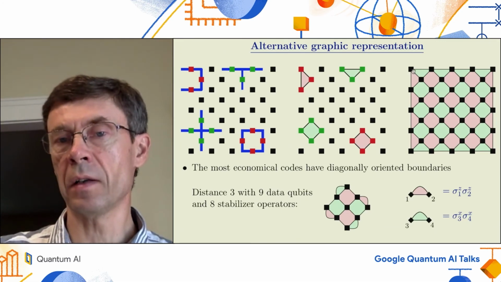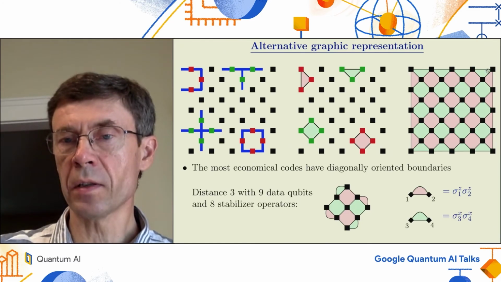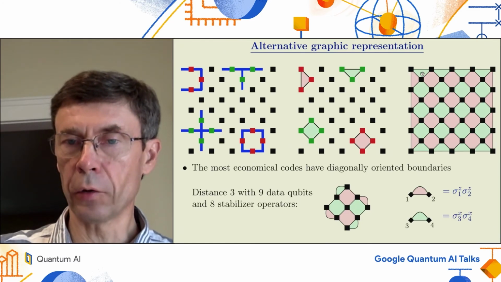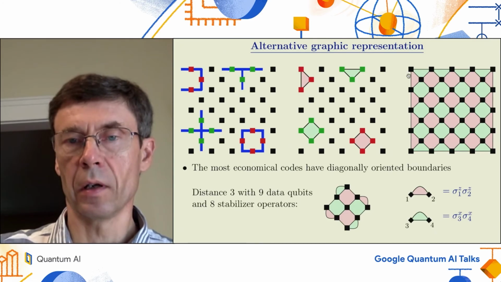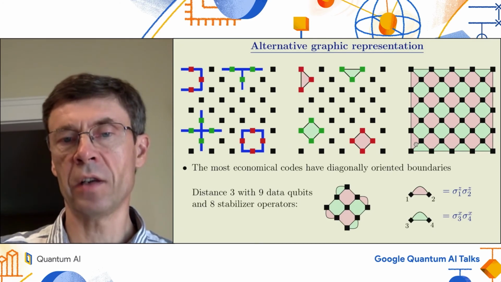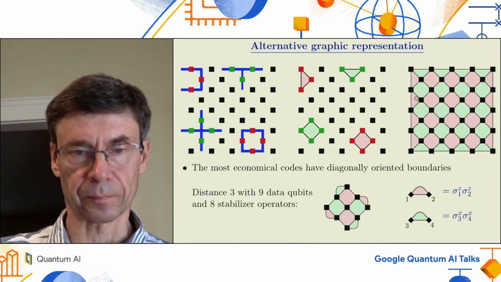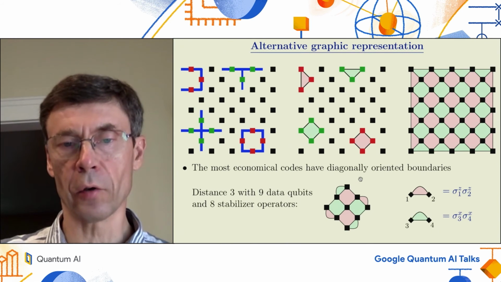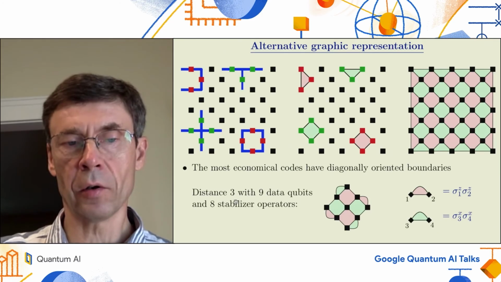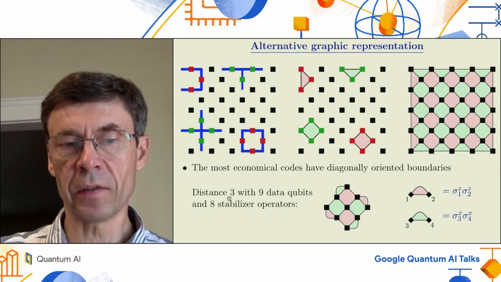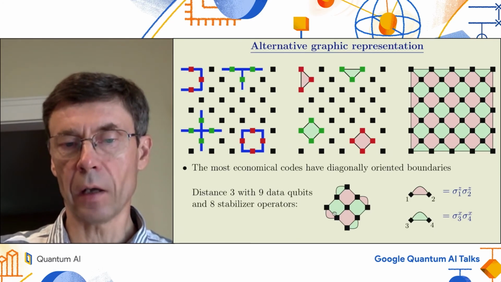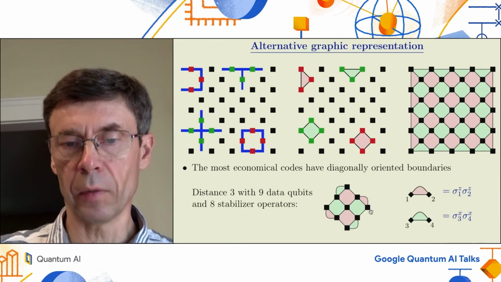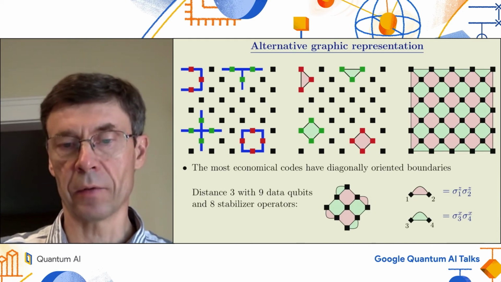We can still recognize smooth boundaries that are adjacent to green regions and rough boundaries that are adjacent to pink regions. The most economical codes have diagonally oriented boundaries like this. These codes achieve distance 3 with just 9 physical qubits and 8 stabilizer operators.